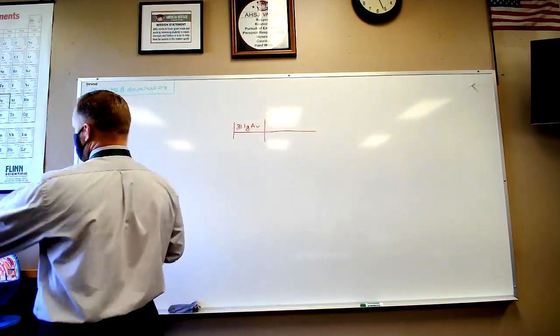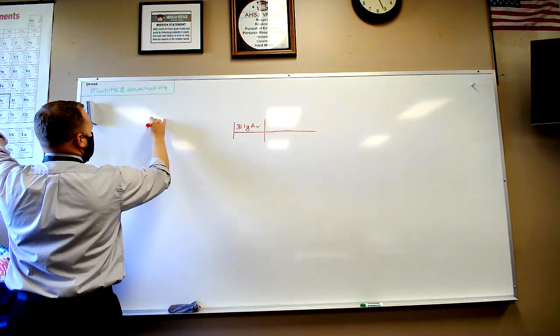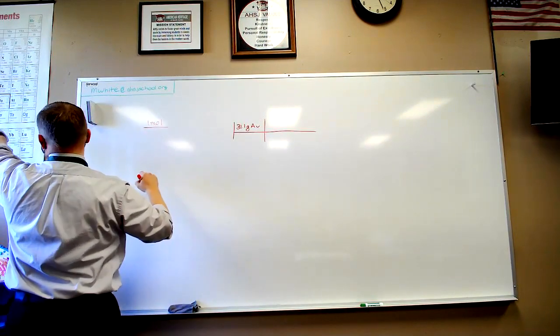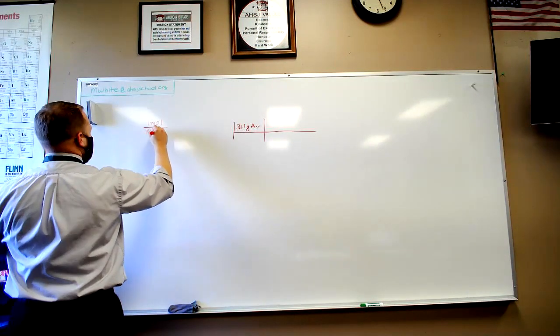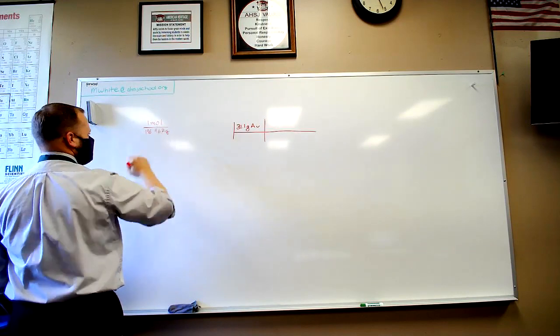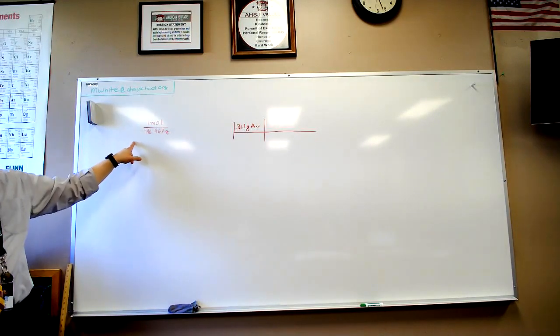So if we look at gold, 1 mole is equal to 196.967 grams. Okay, now I wrote it like that because I know that's how it needs to go in.